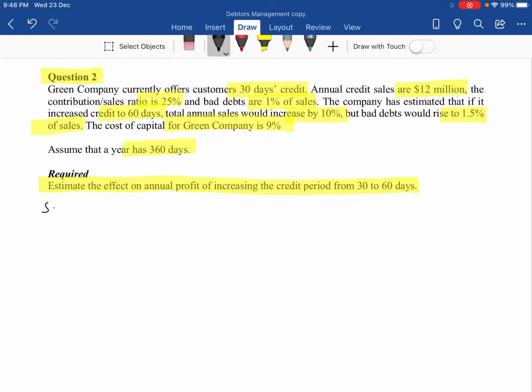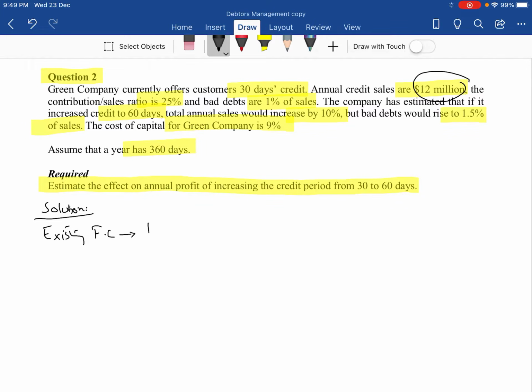So let's go to the solution first. Again, let's first look at the impact on the finance cost. So let's first see what's the existing finance cost. For that, we need to find out the existing account receivable.